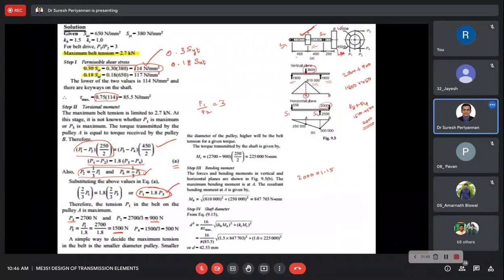The distances are 450 mm, 450 mm, and 250 mm, so the total summation is 1.15 meter. This is equal to S2 into the distance S2 is sitting, 0.9 meter. Now S2 is equal to 2556 Newton.